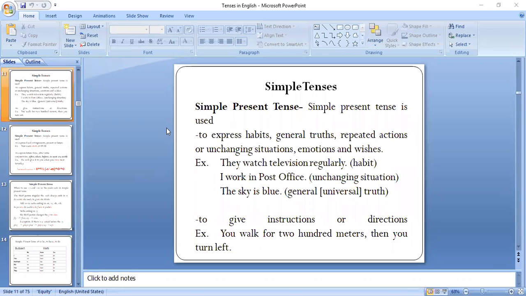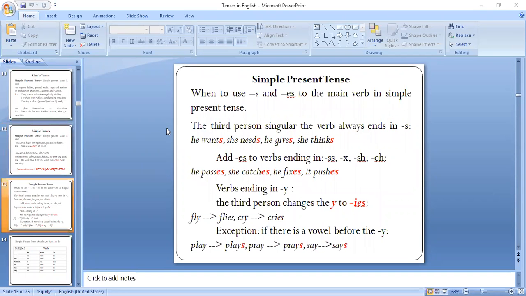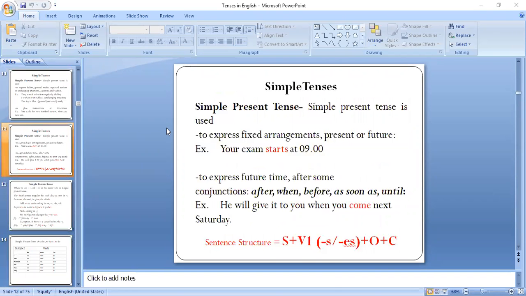In the simple tenses, we have discussed the simple present tense and simple past tense. So what is the structure for simple present tense? It is subject plus V1, and we add the s or es suffix to the verb when there comes a third person singular pronoun or third person singular subject.